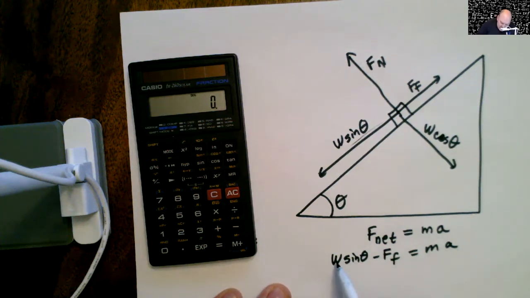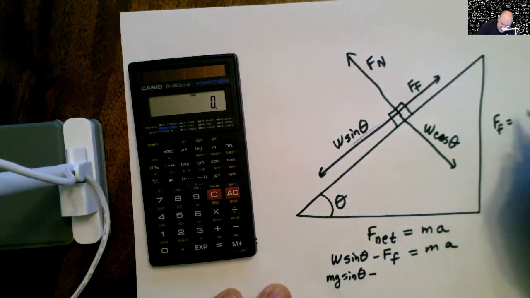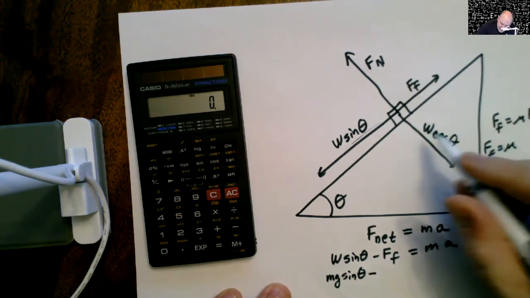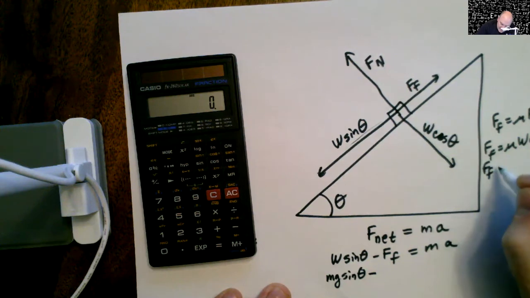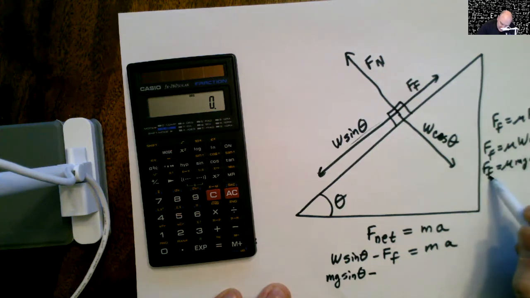So then the weight is mass times gravity. So we'd have mg sine of theta minus, and what's friction? Friction is mu Fn. And in this case, friction would equal mu, and Fn would be W cosine theta. And again, W is mg cosine theta. So that can go in for our friction.